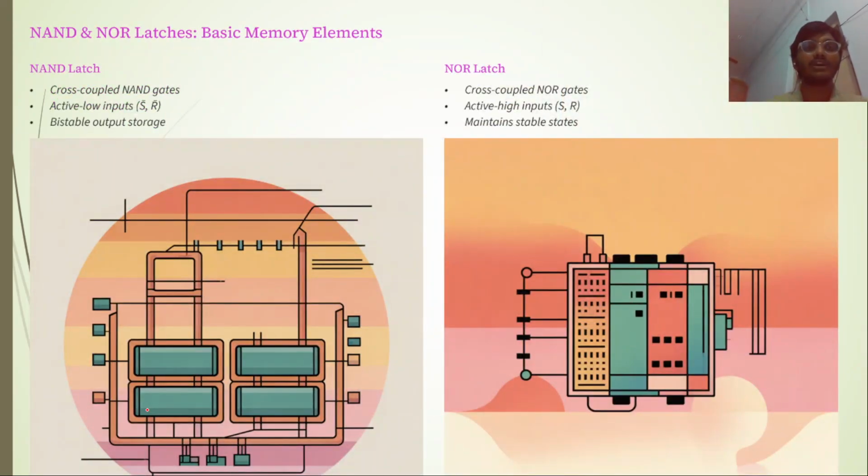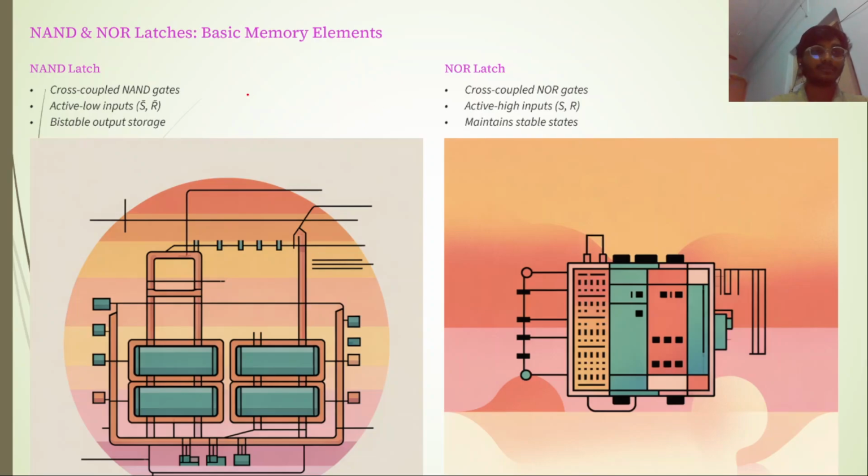NAND and NOR latches are basic memory elements. Here we see the NAND latch: cross-coupled NAND gates with active low inputs S bar and R bar, giving bistable output storage. The NOR latch has cross-coupled NOR gates with active high inputs S and R that maintain a stable state.